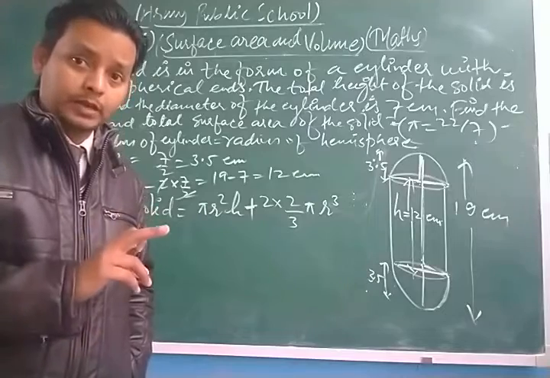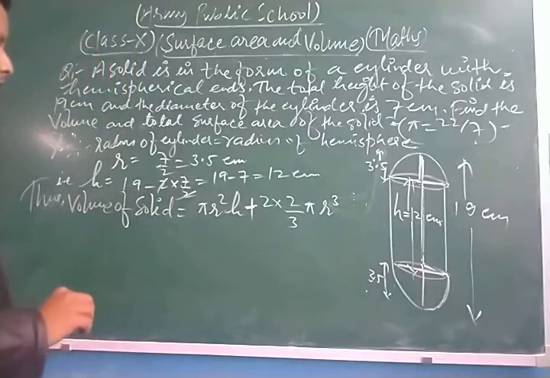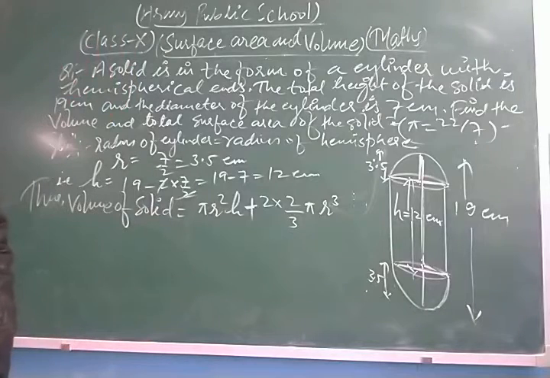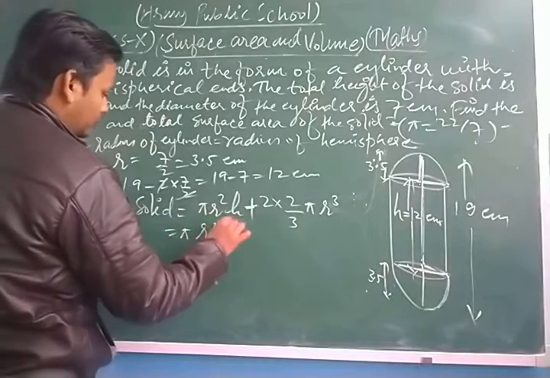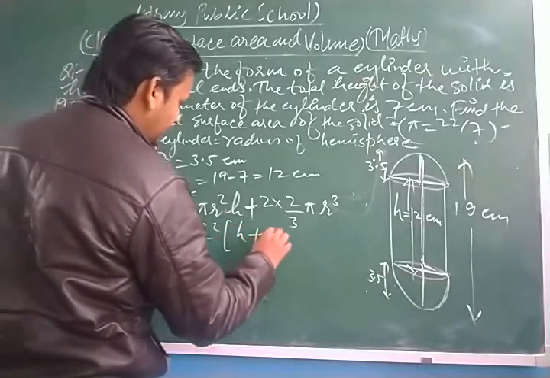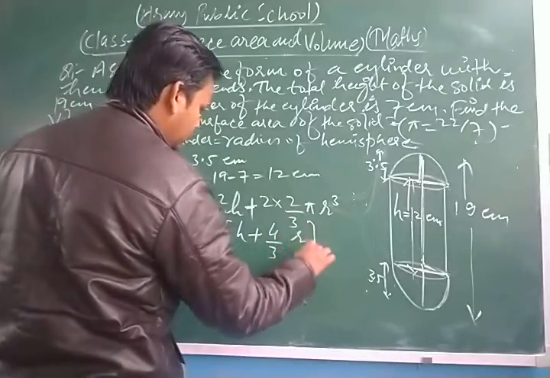Two same hemispheres are there. Now we take pi r square as common, so we get h plus 4 by 3 into r.